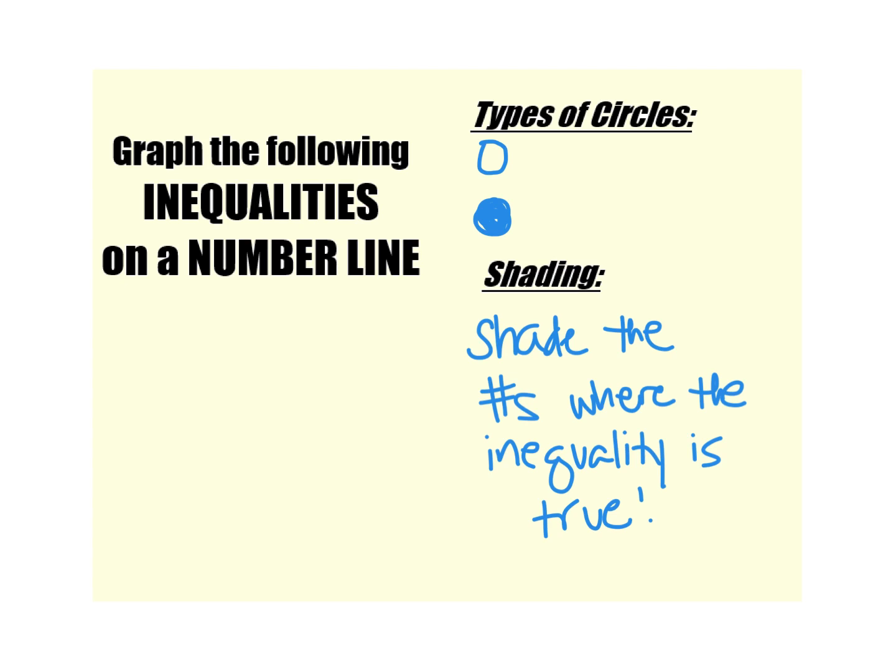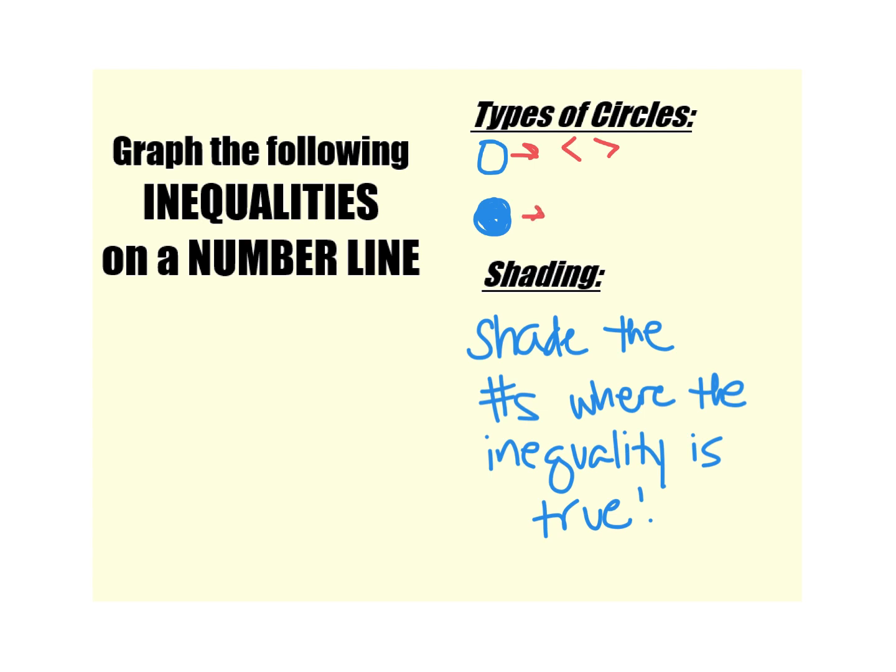Let's talk about shading and graphing the inequalities on a number line. First off, we're looking at a number line, and we need to put circles on top of the numbers to signify where we are starting or ending our shading, because the inequality is not going to have just one answer, it's going to have multiple answers. When we talk about the types of circles, we start with the open circle, which is used with the less than or greater than symbols because it shows that the number itself is not included.